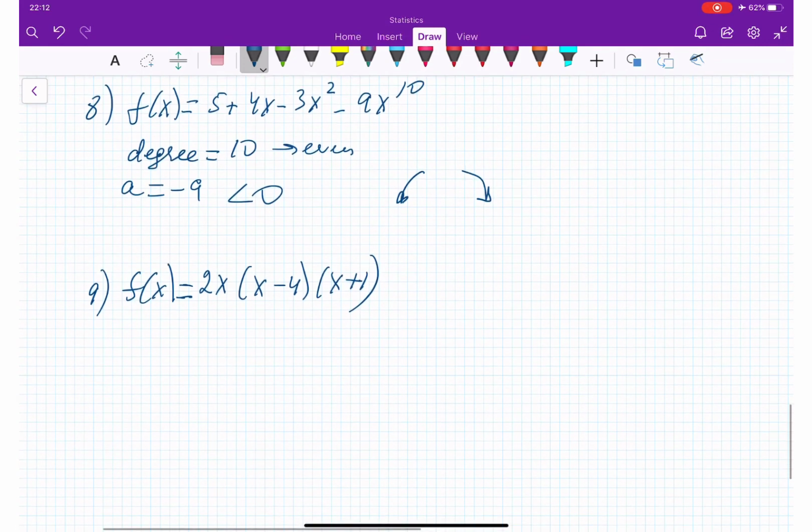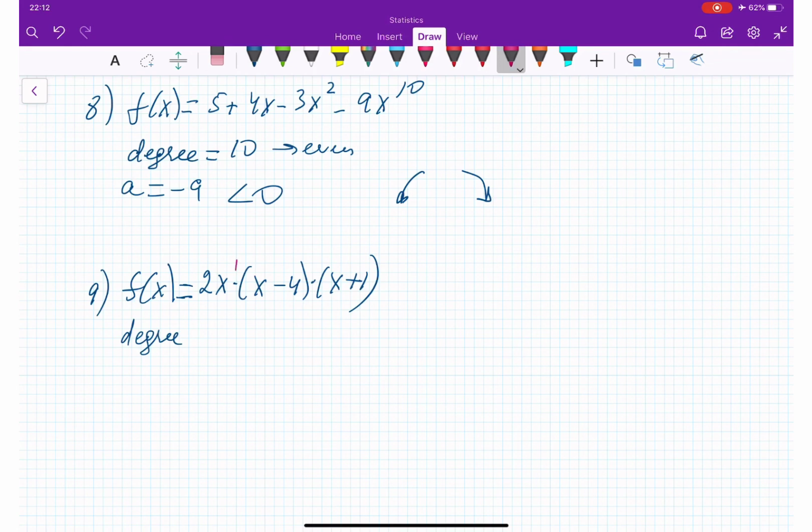Okay, let's see. First of all, what do we have? Let's understand end behavior and let's understand degree. What is going to be the degree? Since we have multiplication, if I would open this parenthesis and multiply by each other, what degree would I get?